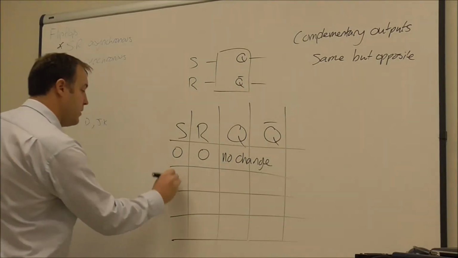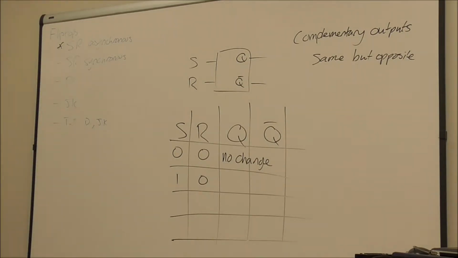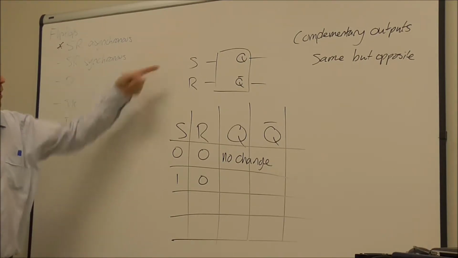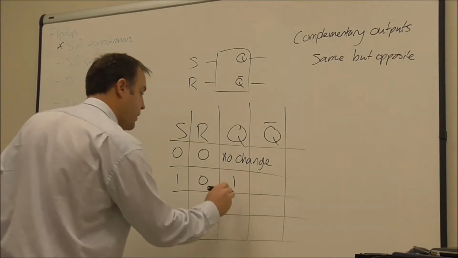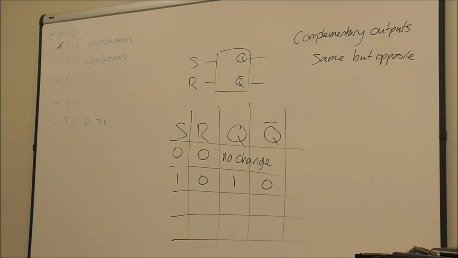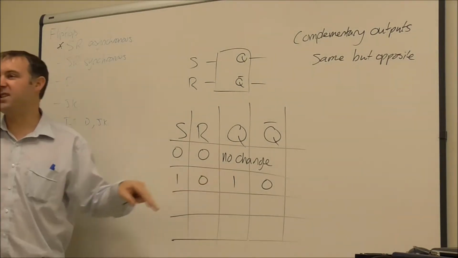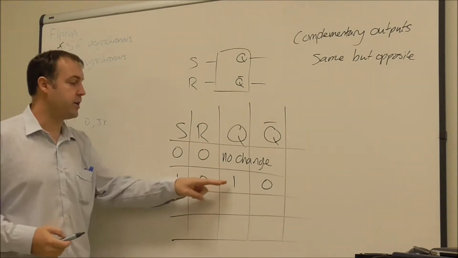When S and R are 1 and 0 respectively, basically what I'm doing is setting the S pin, which stands for set by the way, it sets Q to be 1 and Q bar to be 0. Okay? So if Q was already 1, then it doesn't change.